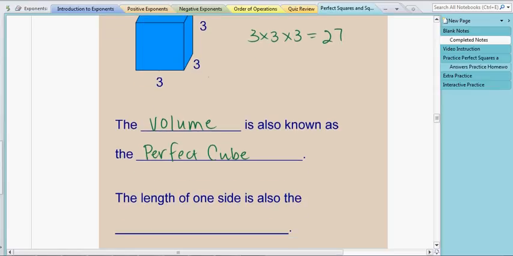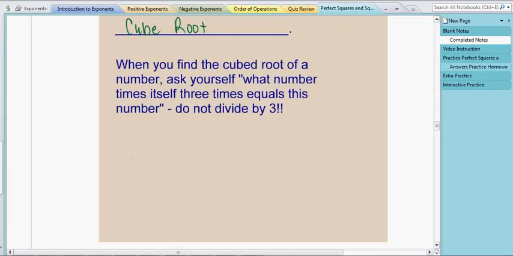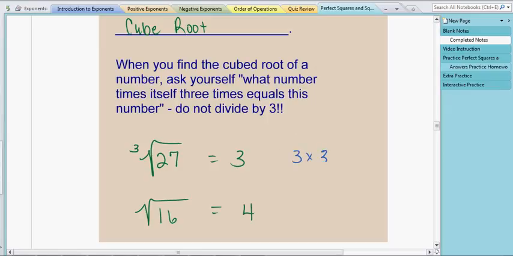So what do you think the length of one side is called? You think it's a cube root? You are correct. So the notation is the cube root of 27 equals 3. This is what square root looks like. The square root of 16 equals 4. So with cube root, what we're saying here is that if we take 3 and multiply it 3 times, we'll get 27.